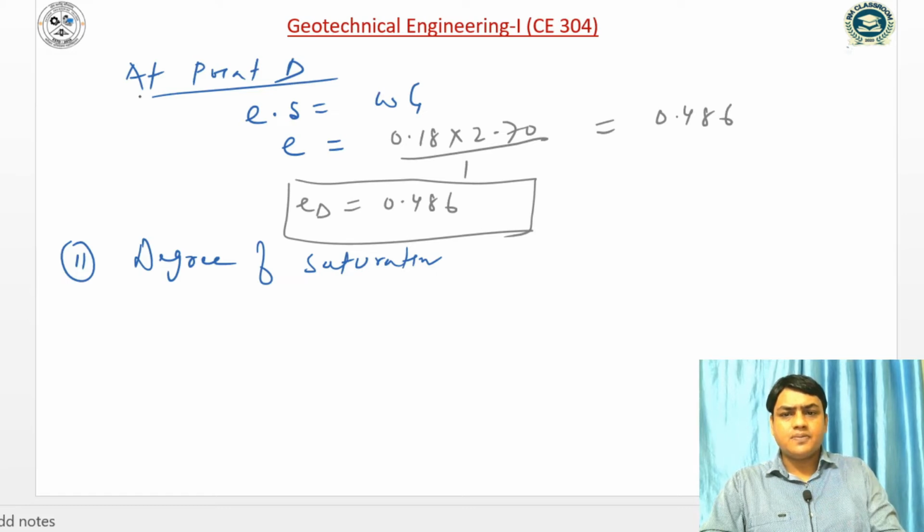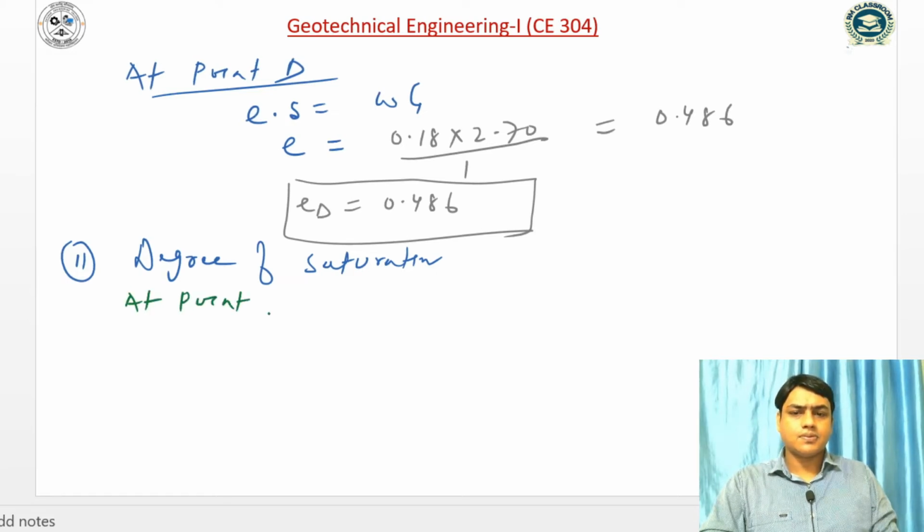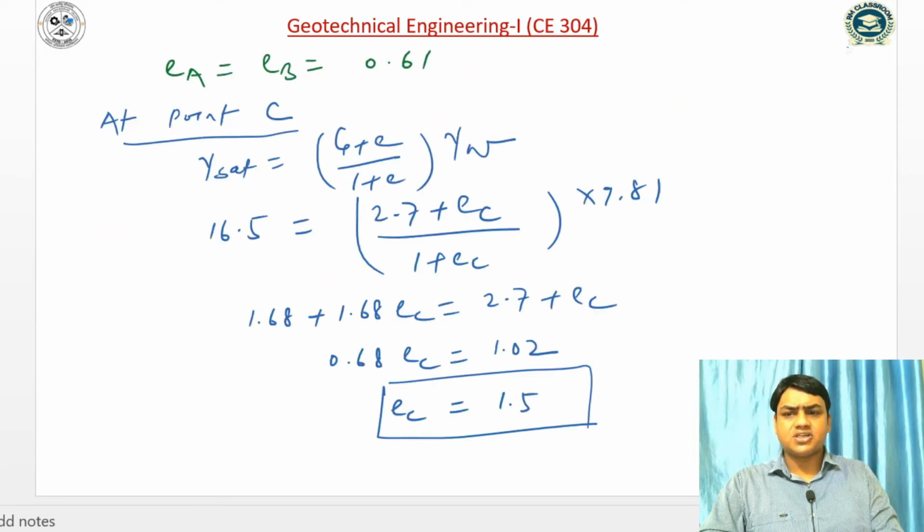So at point A, the void ratio we have already computed, that is 0.61.